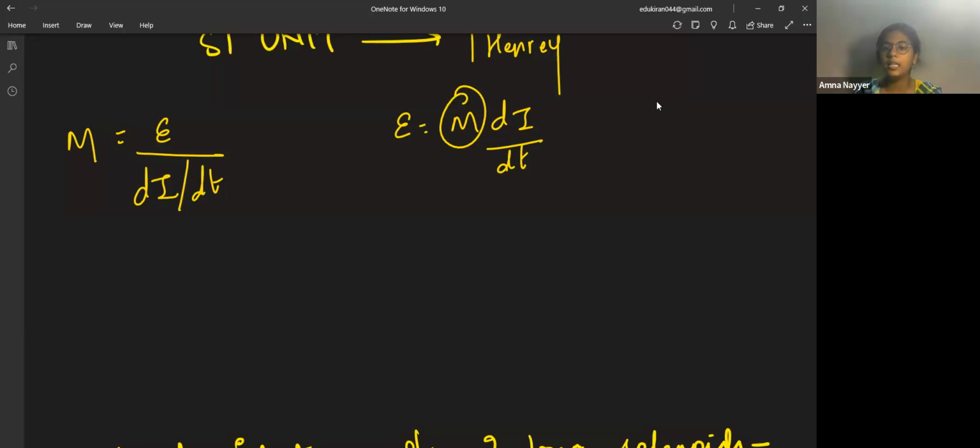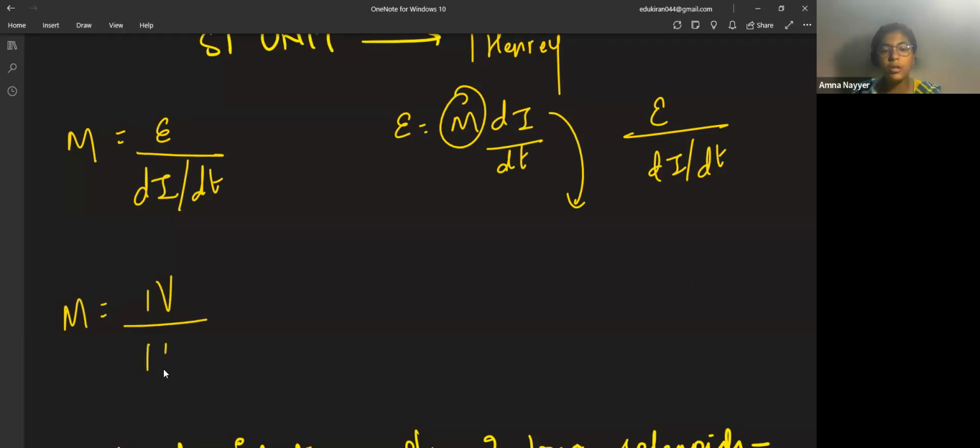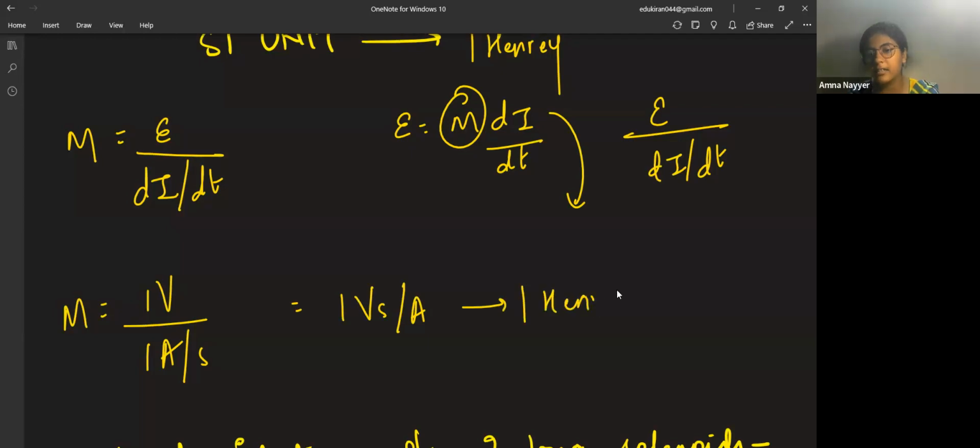This is going to be E divided by di over dt, because this will come in the denominator. So what has to be the SI unit? SI unit is actually 1 volt per 1 ampere per second. So you can write this as 1 volt per ampere, but this doesn't make any sense. This actually is 1 Henry. Fine, the SI unit is 1 Henry.